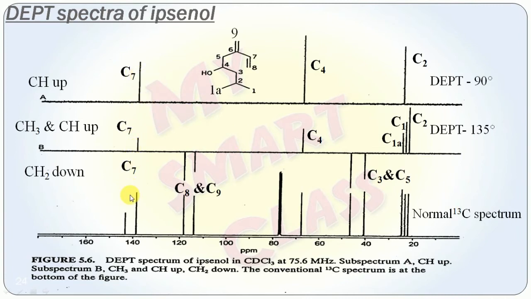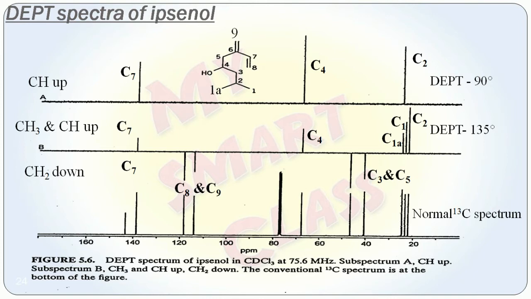C7 is upward, this is upward, this is upward, means this is CH. As we know, C7 is CH, C4 is CH and C2 is CH. So there are only three upward signals in DEPT 90 that indicate this structure has only three CH.